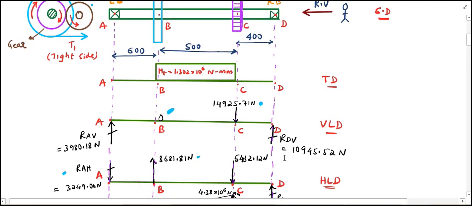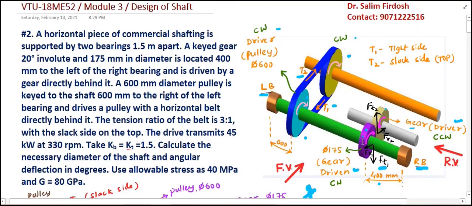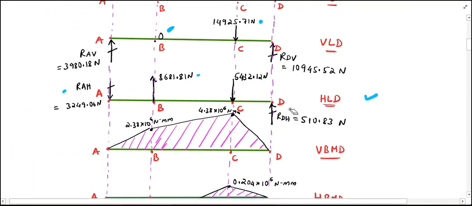So here we can see the HLD diagram, and at gear C, the radial force FR1 is coming towards the observer, so this is indicated on the shaft at 5432.12 newtons. So that is your HLD diagram.